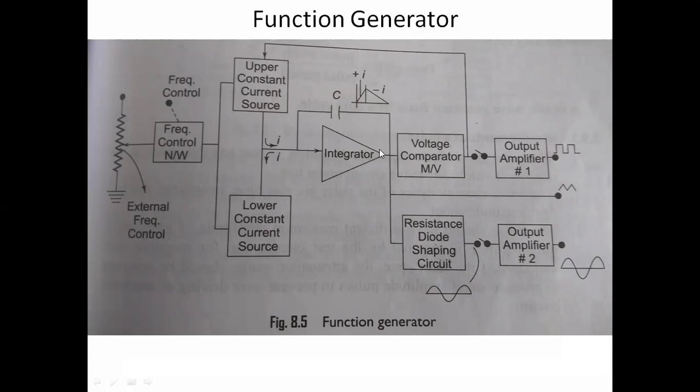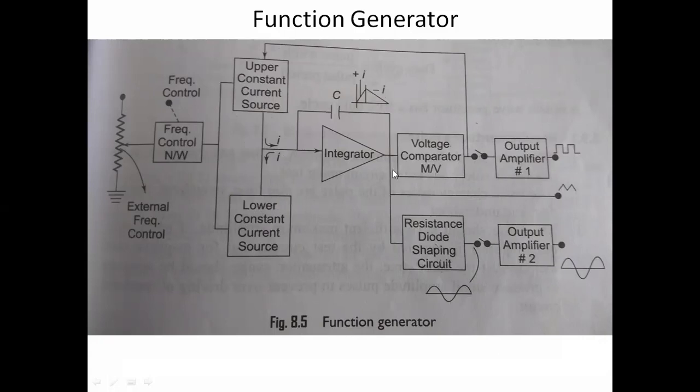In such a situation, the capacitance will be discharged, and due to that the output voltage is decreasing. Whenever the output voltage decreases to a predetermined minimum value, again the multivibrator will produce a pulse, and that pulse will be connected to the upper circuit.